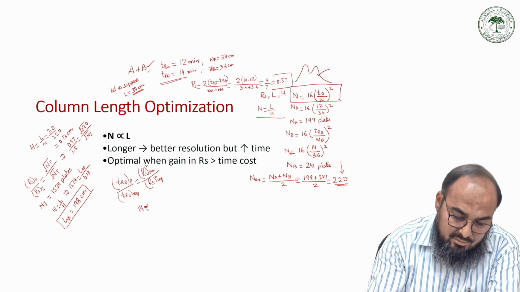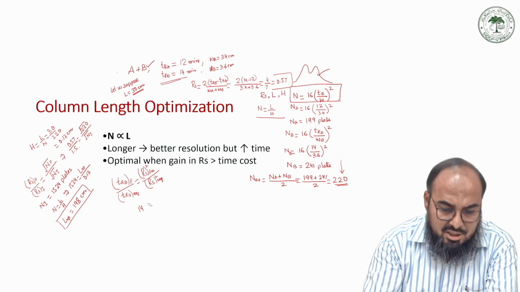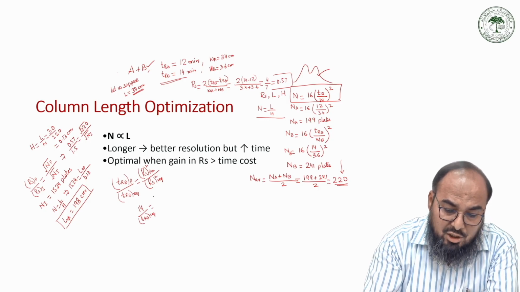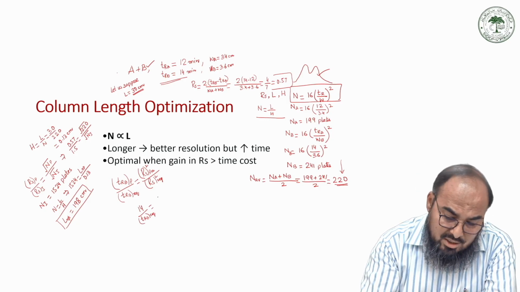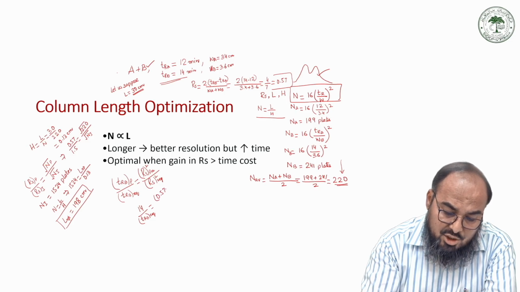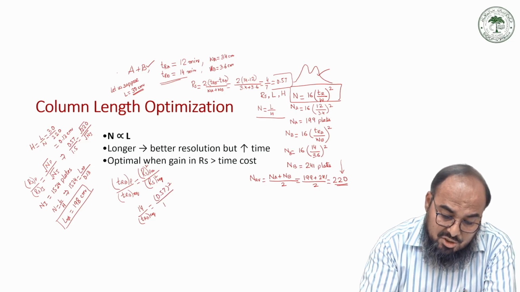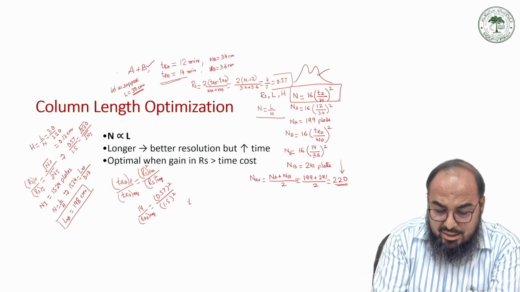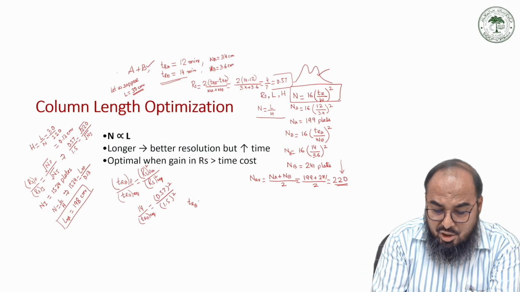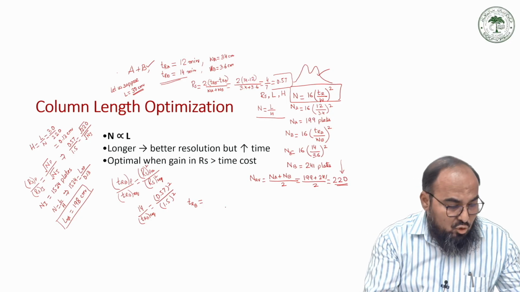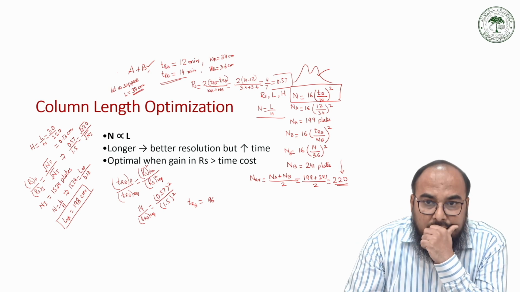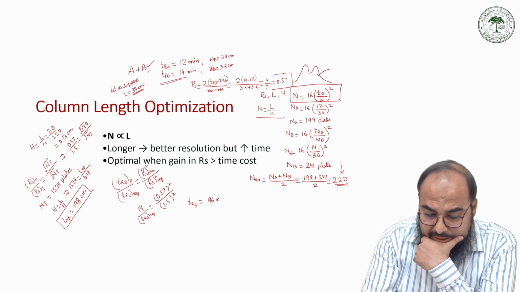Don't write minute here, because we are dealing with dimensionless quantities. 14 upon TRB required is equal to RS, that is 0.57 square, upon the ideal, which is 1.5 square. If you solve it, TRB required comes out to be 96 minutes.